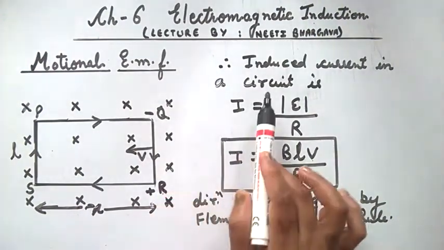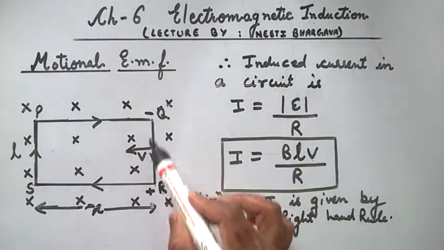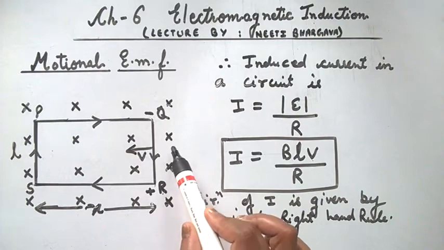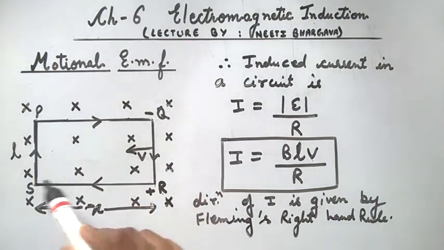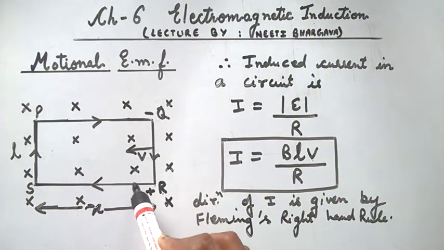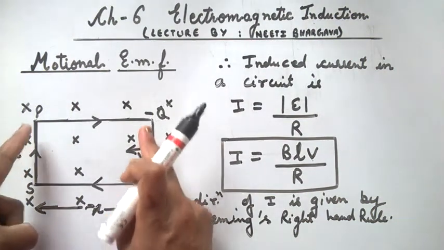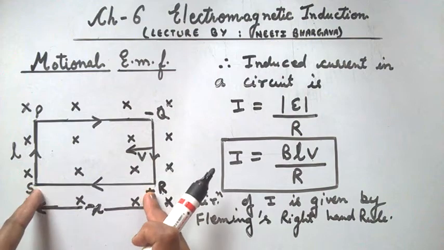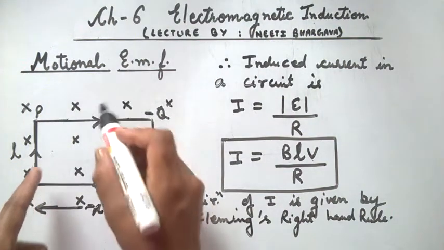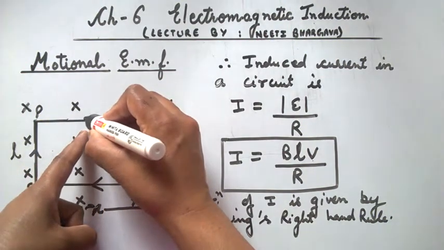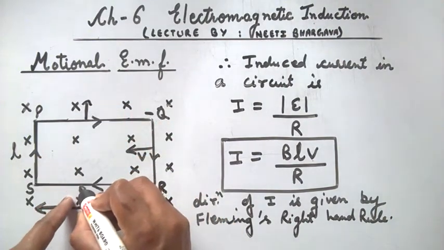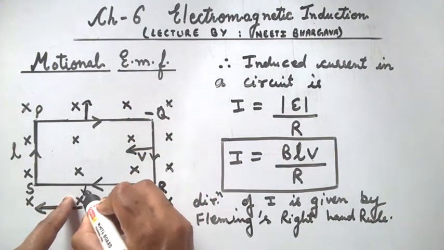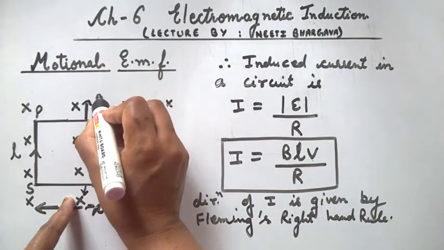Now as the induced current is produced because of the presence of magnetic field, each arm is experiencing force, and as these arms are equal they experience forces equal in magnitude but opposite in direction, therefore they will cancel.